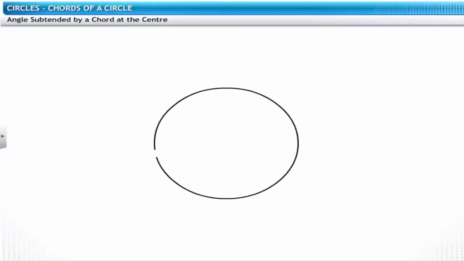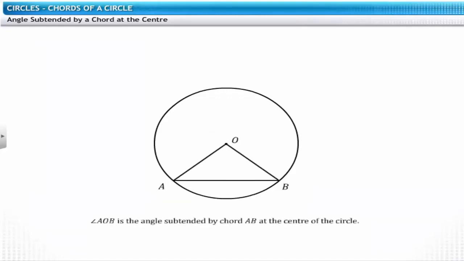Consider a circle with a chord AB. If we join A and B with O, the center of the circle, then angle AOB is the angle subtended by chord AB at the center of the circle. Let us see how this angle changes if the positions of A and B change. What do we observe?